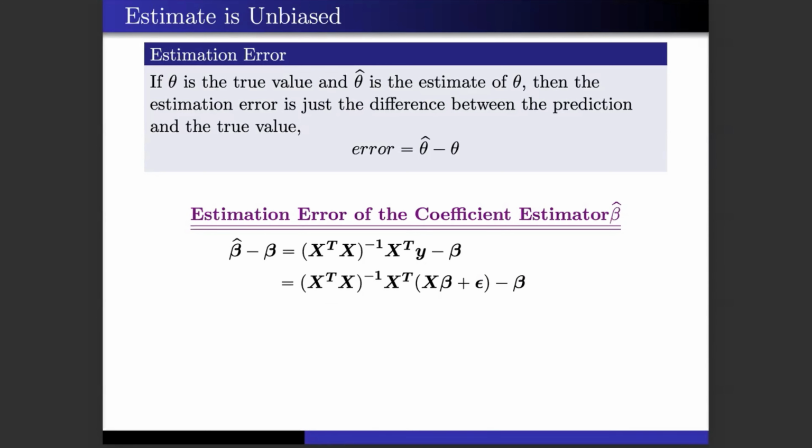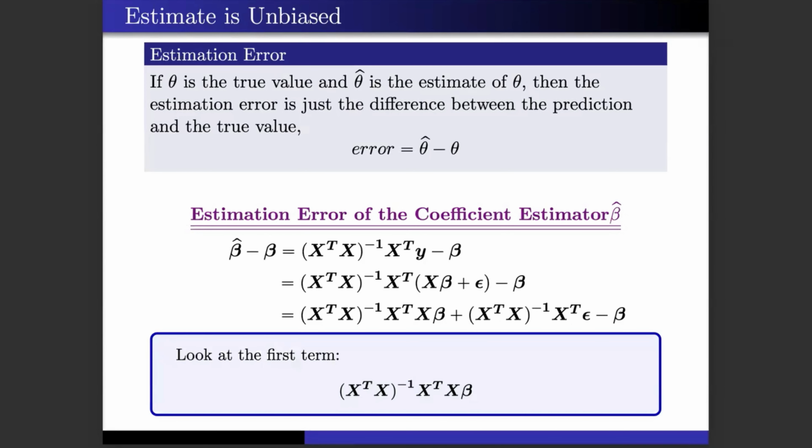Next, we use the distributive property for multiplication and multiply (X transpose X) whole inverse X transpose with X beta and epsilon. When we do that, we get these three terms: (X transpose X) whole inverse X transpose X beta plus (X transpose X) whole inverse X transpose epsilon minus beta.